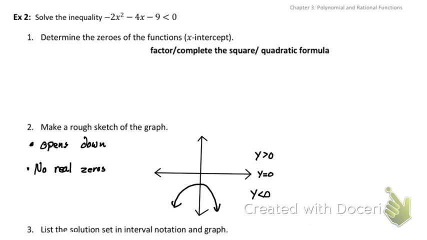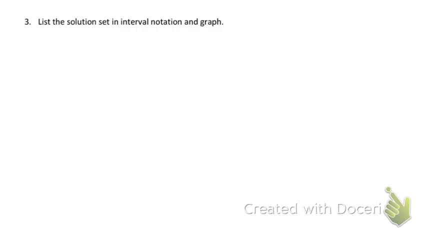So if we're looking at our statement up above, we're looking for where y is less than 0. We're asking where is negative 2x squared minus 4x minus 9 less than 0. That is our y is less than 0. So that's everything. We can come down here and it says list the solution sets for this.